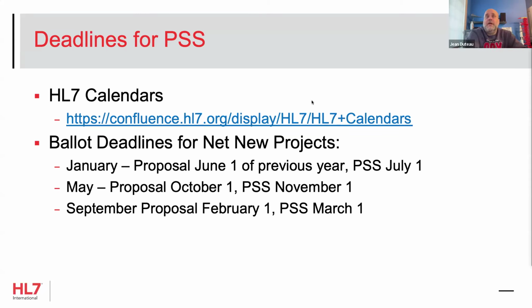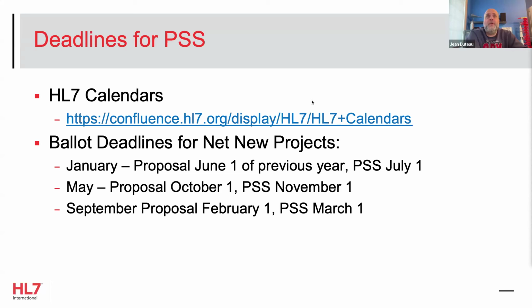So if you're going for a January ballot, then the proposal needed to have been submitted by June 1st of the previous year, and the PSS by July 1st. Obviously these dates are past. If you've got a project that wants to ballot in September, then that proposal needs to get done by February 1st.